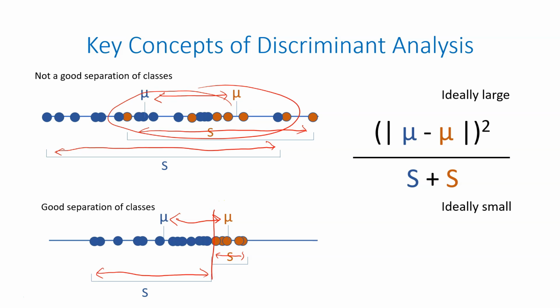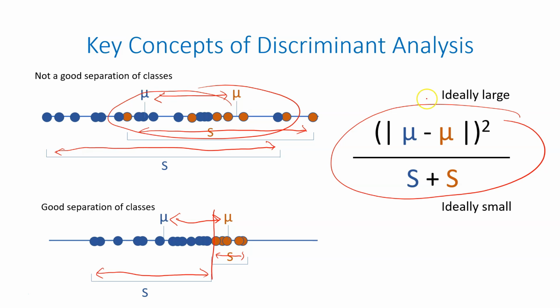This example shows you that only when the distance between the means is maximized and the scatters are minimized simultaneously will we get the discriminant function that best separates the classes. And this can be represented mathematically using the formula on the right. The numerator of the formula shows the squared difference between the means, and the denominator shows the sum of the scatters.